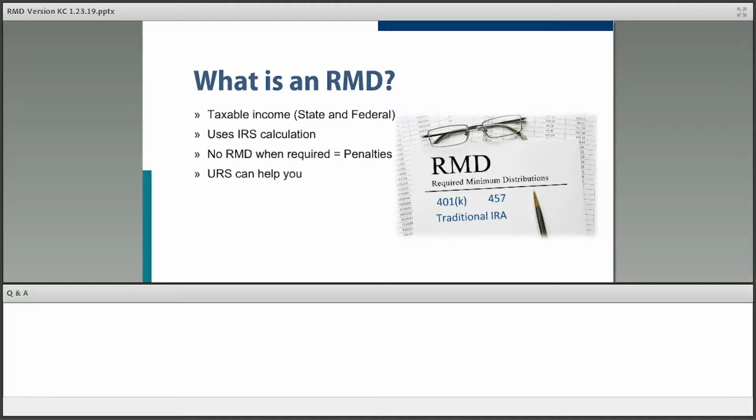When it comes to calculating a minimum required distribution, we will show you how that works here in just a second. But a required minimum distribution is done by using a very specific IRS formula that we'll talk about here in a few slides. We'll also talk about if you don't take your required minimum distribution, there are some substantial penalties that can be assessed by the IRS, and we'll do an example of that here in just a few slides as well.